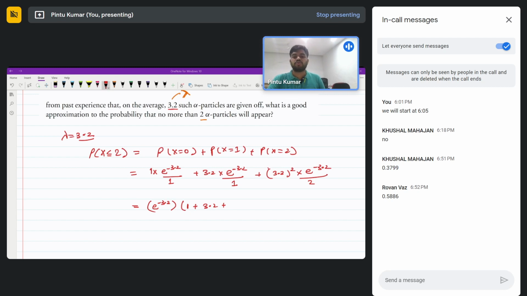Let me calculate. So this comes out to be 2.56. Now I think we should get something higher. Wait. Yeah, sorry, I divided by 2. This is 5.12, right?